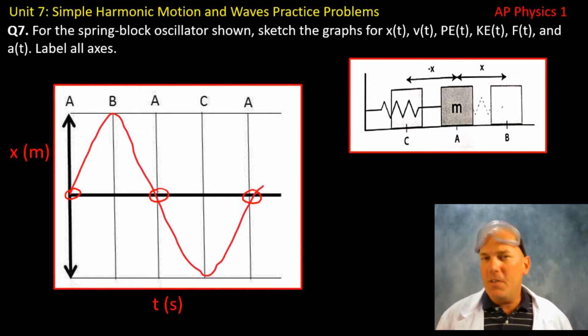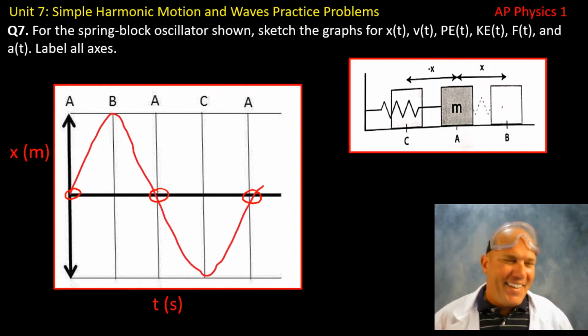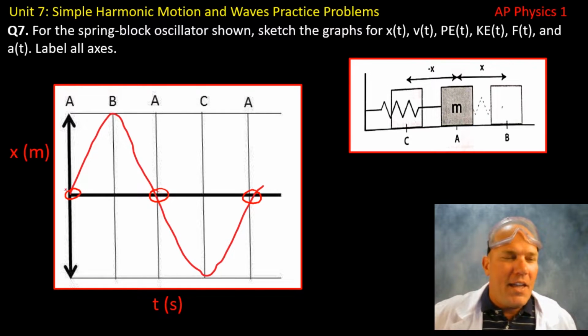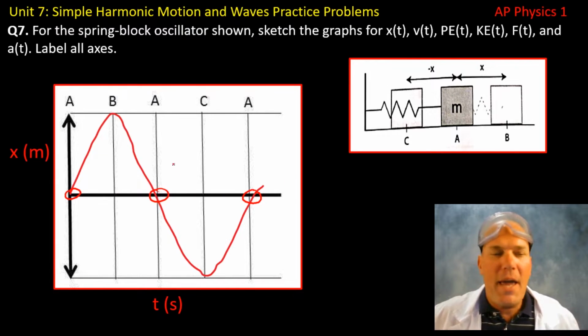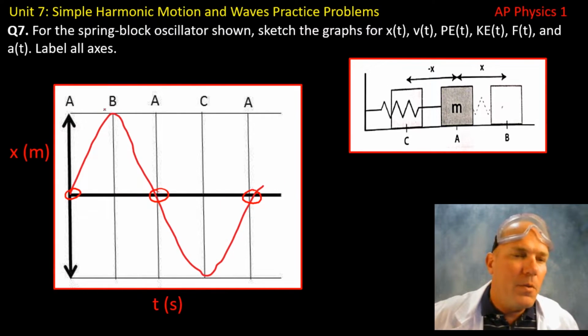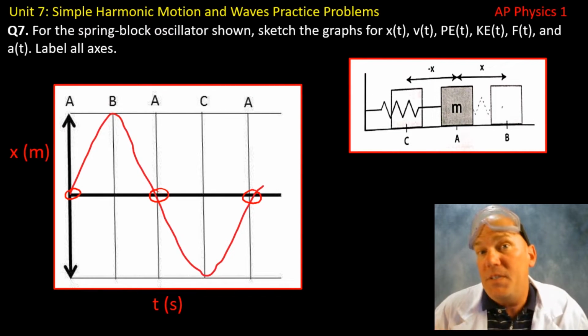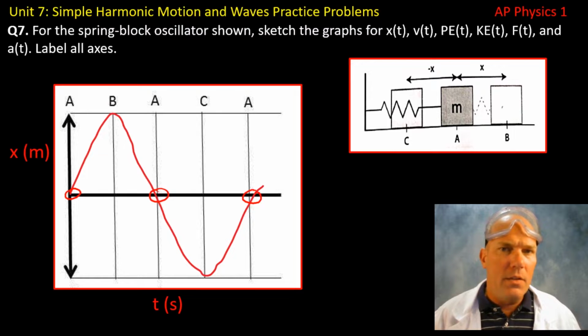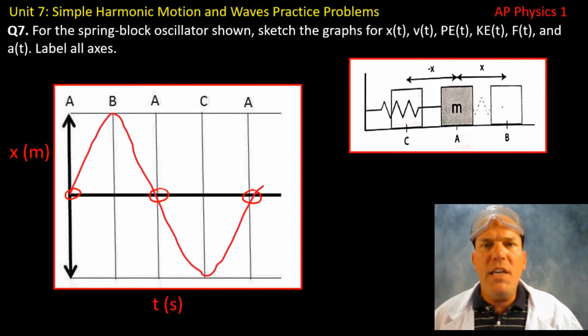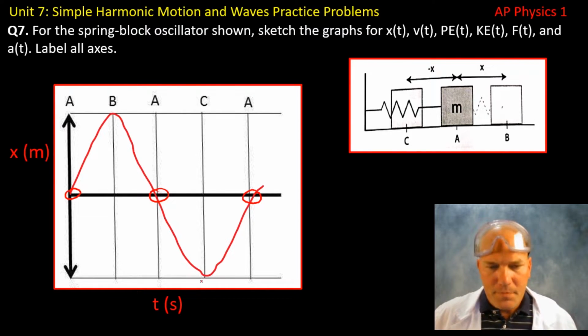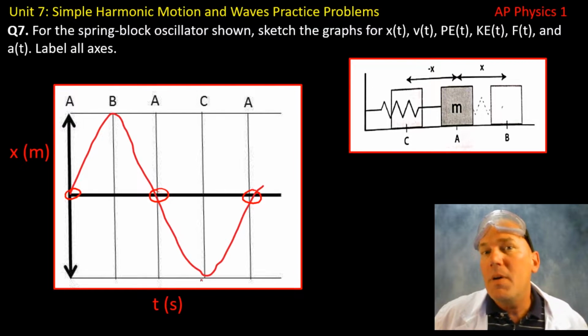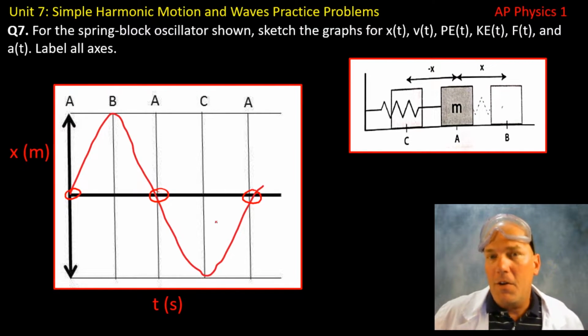You get a sinusoidal graph, which shouldn't be any surprise at all. You can see that for A, we are passing through 0. For B, we have the maximum amplitude or position, but to the right. And then for C, we have the maximum, but to the left. All right.